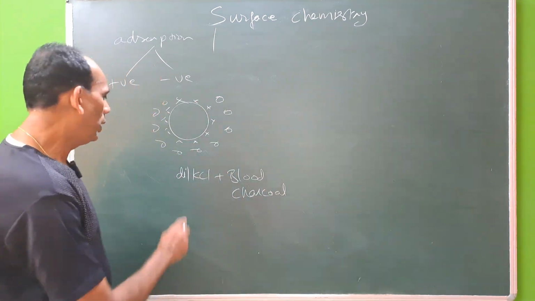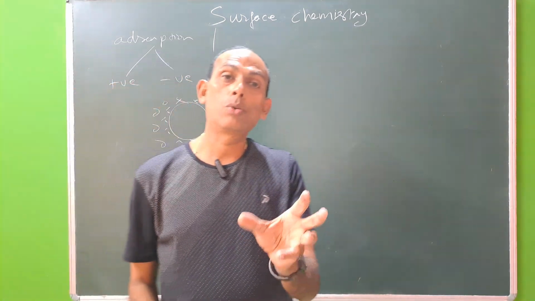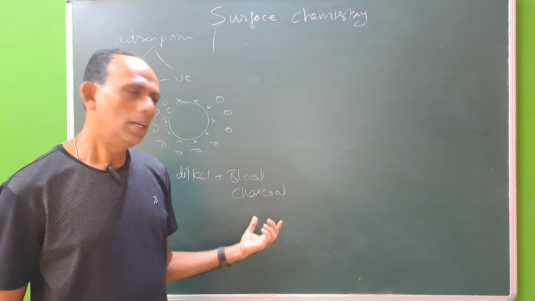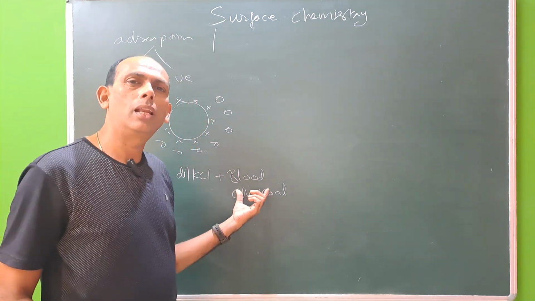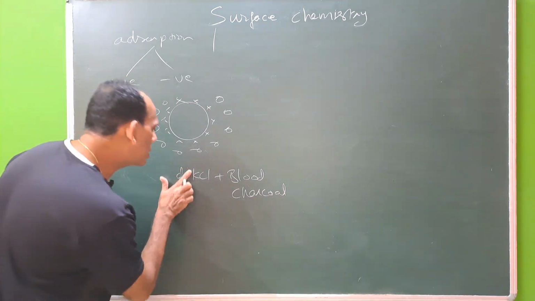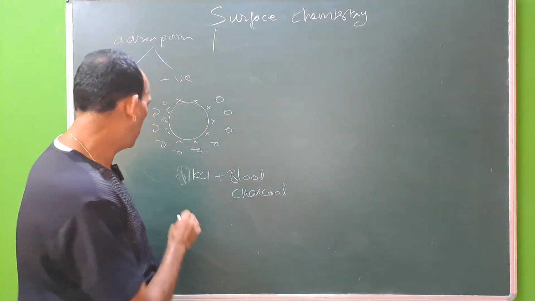Hope you followed. Blood charcoal is real charcoal of blood, animal blood. Okay, it is made from that. So the adsorption of KCl on this will give you negative adsorption, right? With concentrated KCl, you'll get positive adsorption. With dilute KCl, you get negative adsorption.